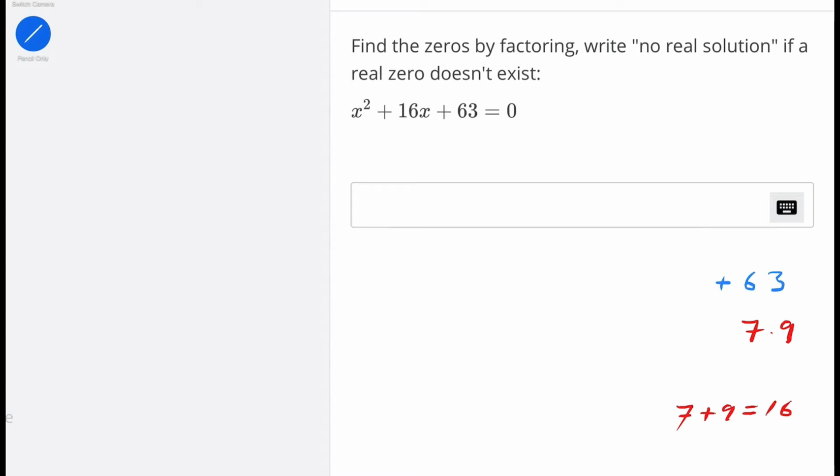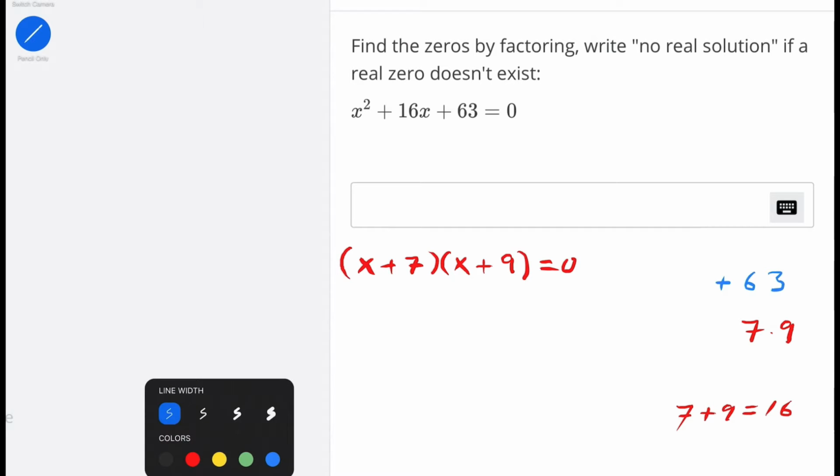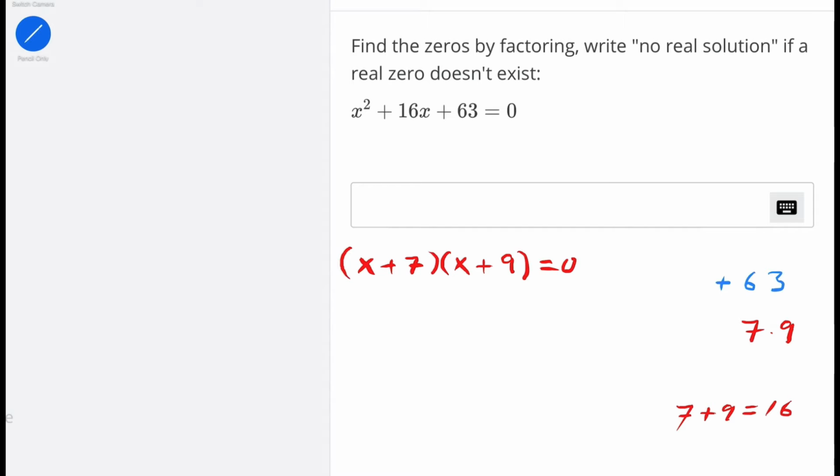Alright. So we are going to rewrite that into two factors. x plus 7, x plus 9 equals 0. Now we are going to solve for x. x plus 7 equals 0, which means that x equals negative 7.